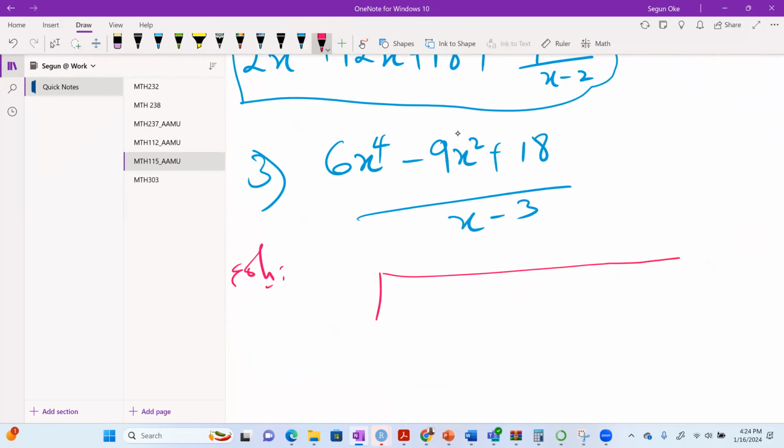now you discover there's a gap between x raised to the power 4. There's no x raised to the power 3. There is no x raised to the power 1.